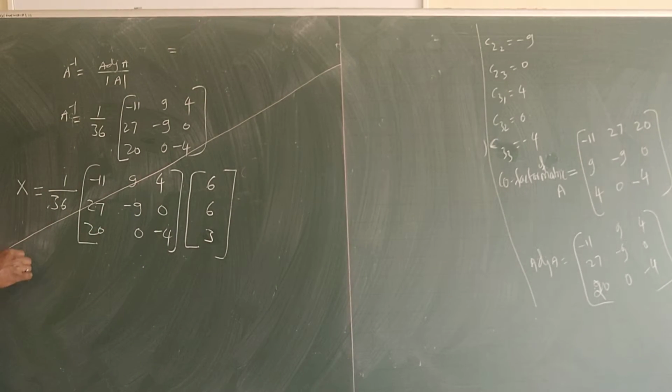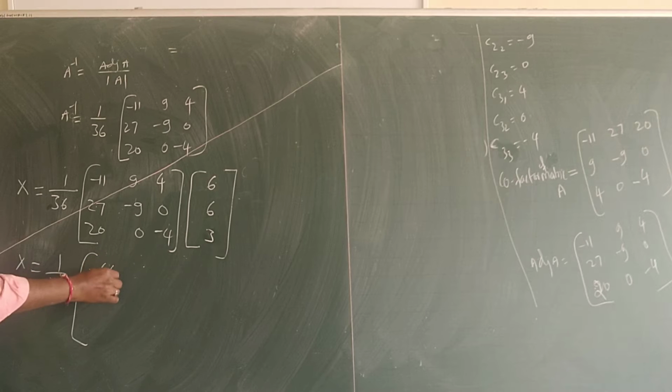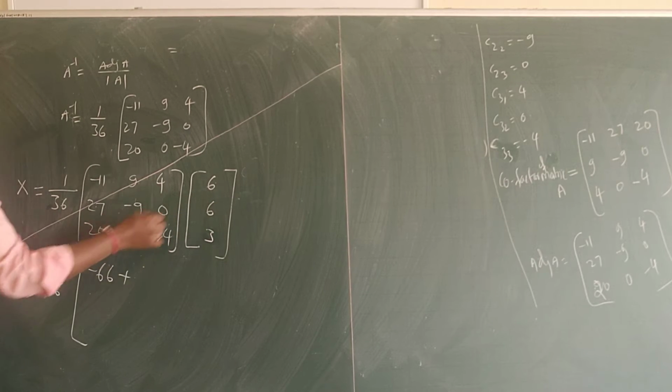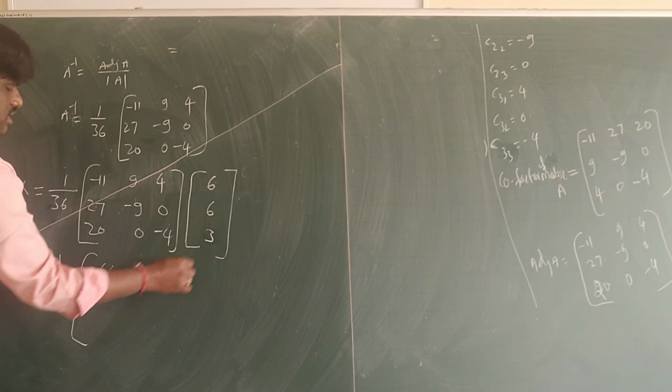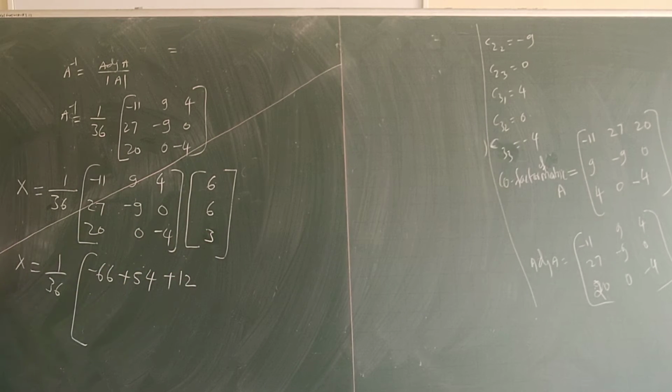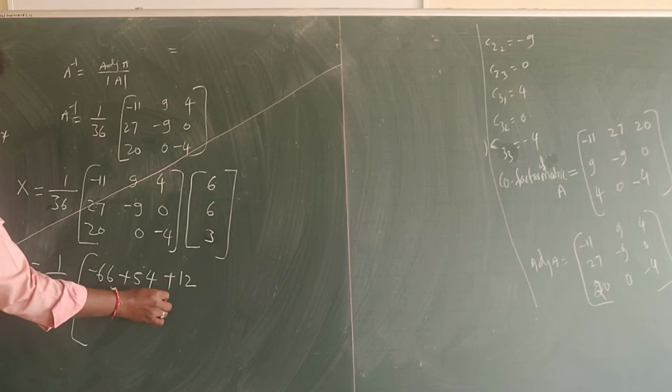So what I write here, x is equal to 1 by 36. We multiply 11 into 6, that is 66, minus 66. 9 sixes are 54, plus 4 threes are 12. Now 27 into 6, that is 162. 162 minus 54 plus 0.